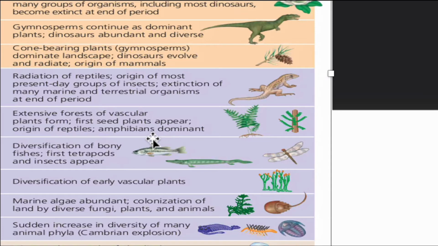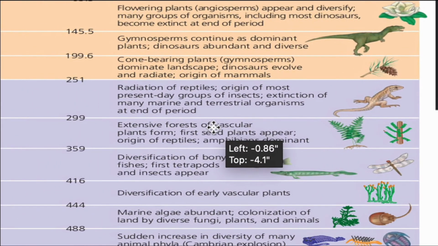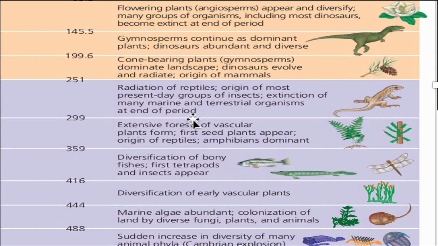Vascular plants start to form. We start to have a record of seed plants that also appear at this point. Also, now we find the reptiles are born on the terrestrial, and amphibians are very dominant at this point.